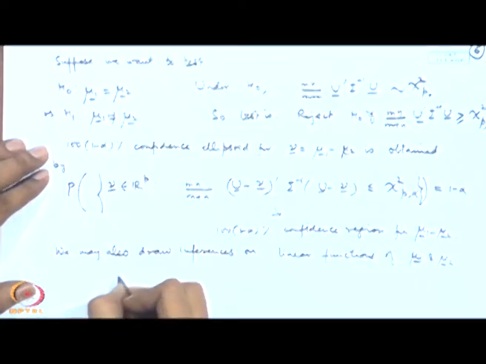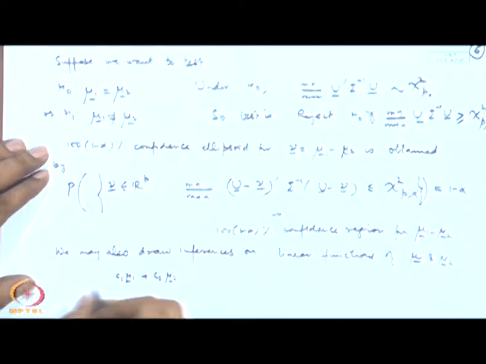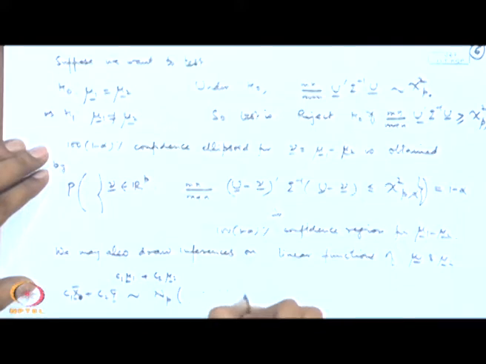For example, I consider some C 1 mu 1 plus C 2 mu 2. Then I can consider C 1 x bar plus C 2 y bar, then that will have N p, and we can write down the distribution here. We can also consider linear combinations of the components of mu 1 and mu 2, that also we can consider.